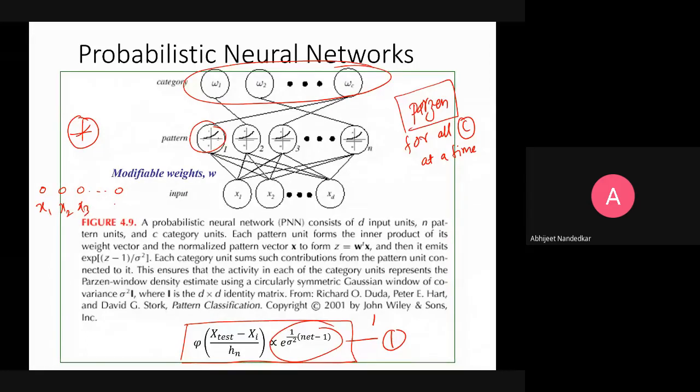So this is the input pattern x, which is to be classified. So this is received by this node.